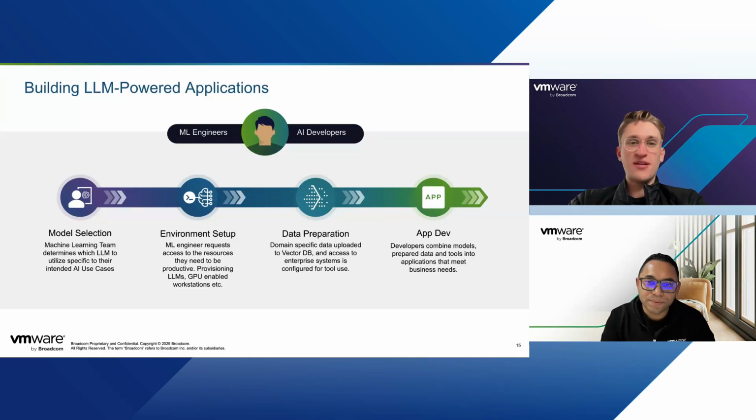We're seeing ML engineers that might do some of the more compliance work and set up large language models for inference and do some of these more complex domain specific tasks. But at the far end of the spectrum, developers really just want to call APIs to build their applications that are doing the business focused stuff. I don't want to do environment setups and all this nitty-gritty, and just develop the application.